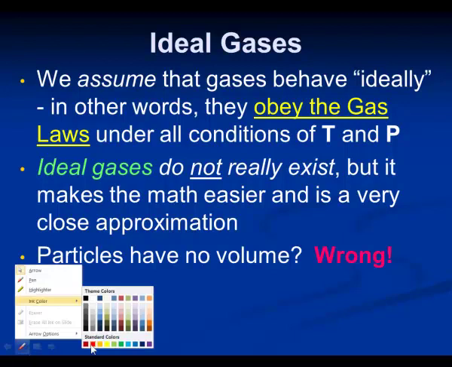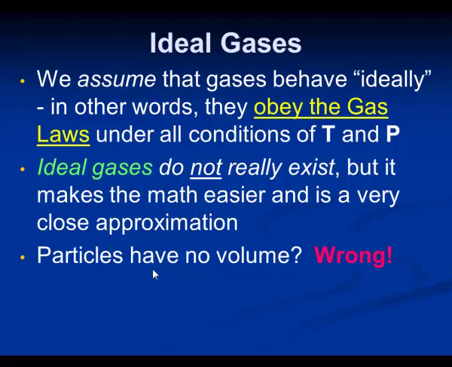And that is that the particles are very far apart, that they don't interact with each other, and that the particles are so far apart and so small that they take up no volume in their containers. In other words, the entire volume in a container of gas is empty space. The molecules themselves don't take up any space.